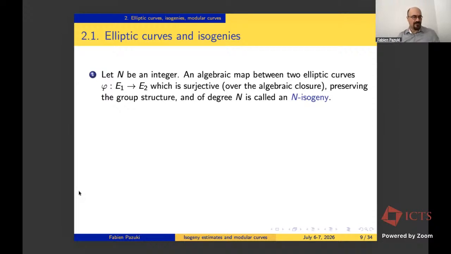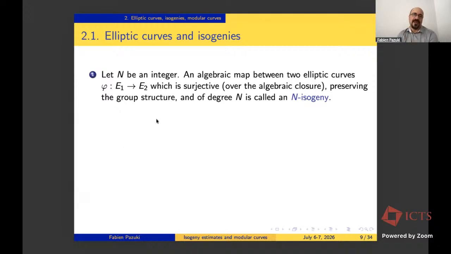I'm going to ask that this map, called phi, is surjective. When we talk about surjective, it's over the algebraic closure, over the points that are rational over K bar. So I want a map that is surjective, preserving the group structure and of degree n. If you have all this, then you're an n isogeny.